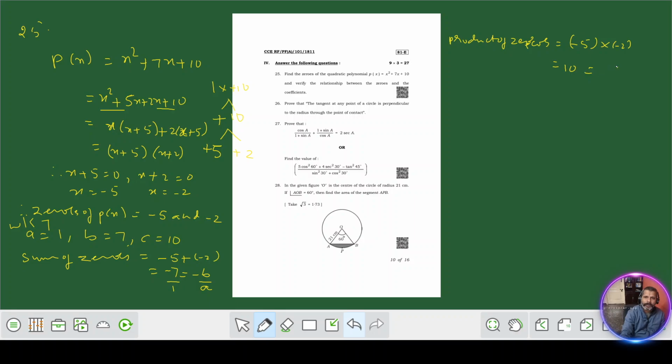Product of zeros should be equal to c by a. What is c? 10. a is 1. So 10 by 1 is nothing but 10. So hence verified. Understood? This is a very important question and every time this question repeats. Please understand properly. Okay, we'll move to the next question.